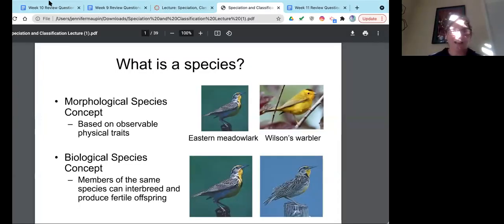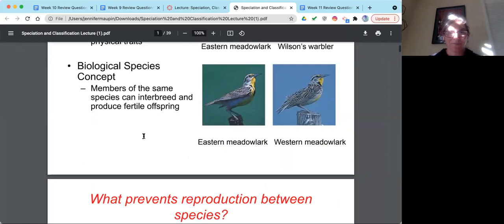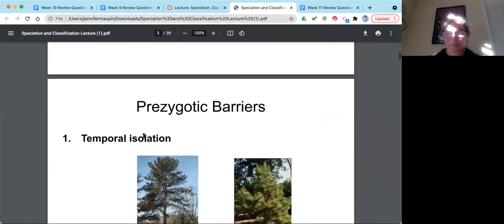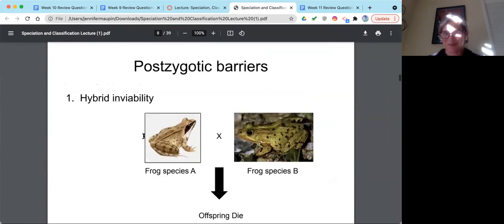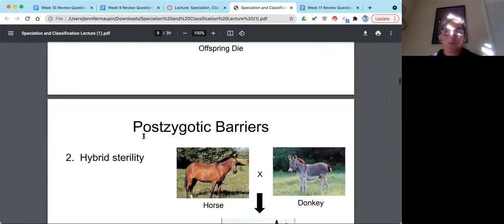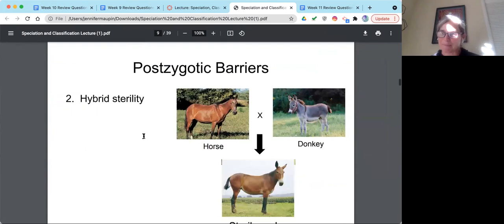So let's look at that. Okay, what happens when these populations get isolated from each other? If you isolate a population, what process cannot happen anymore?